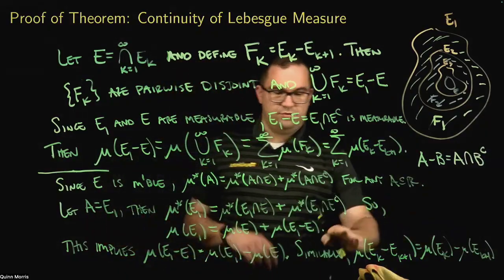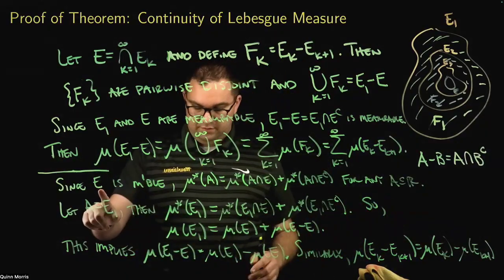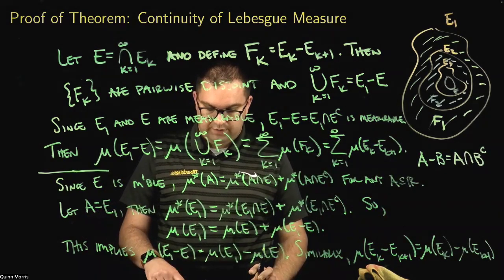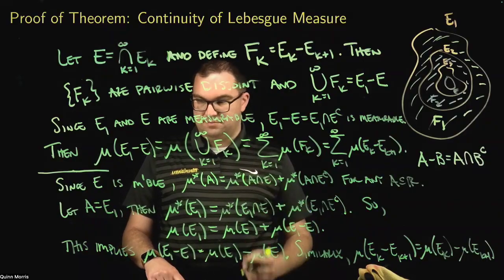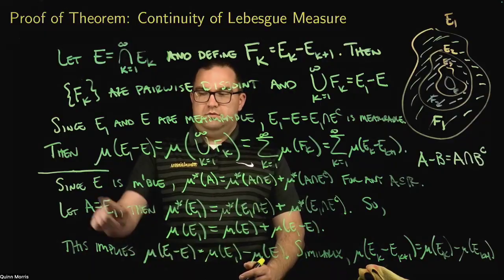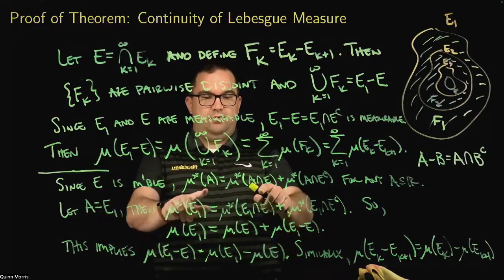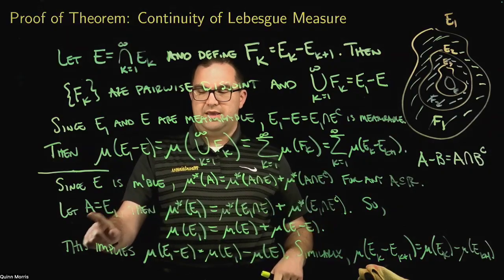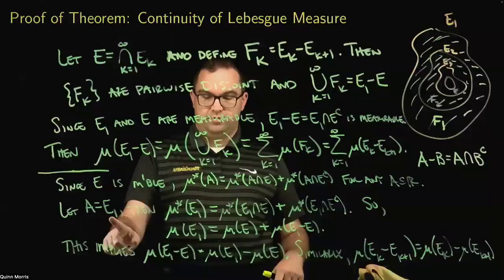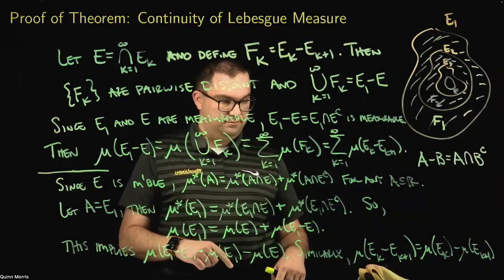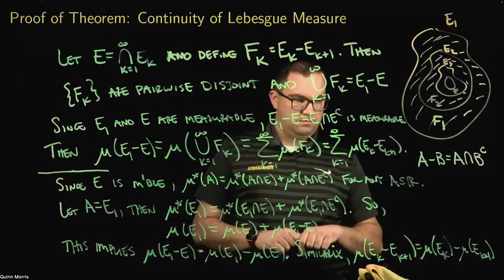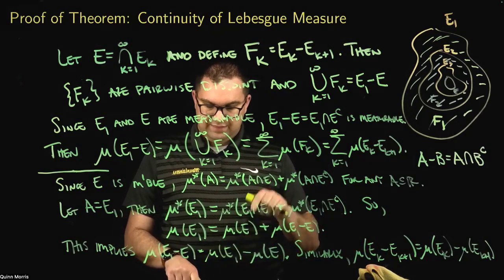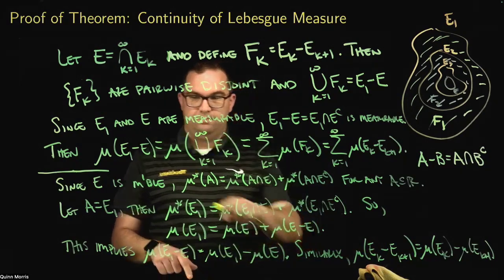Okay. Now, how do I do this? Well, I use the fact that Ek plus 1 is measurable.